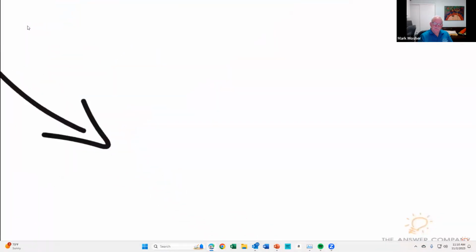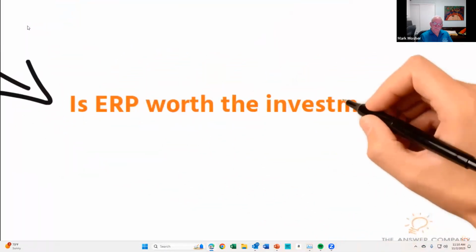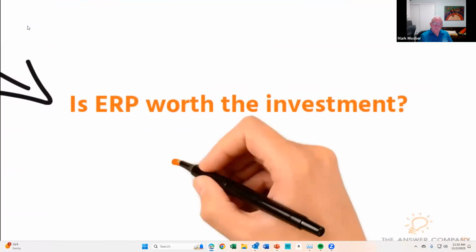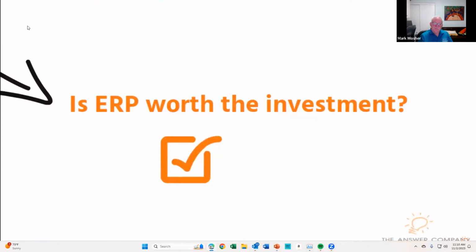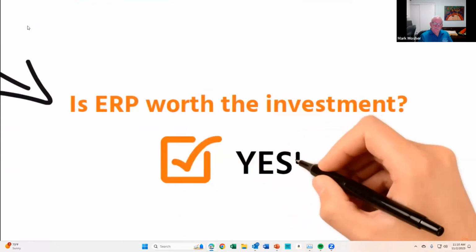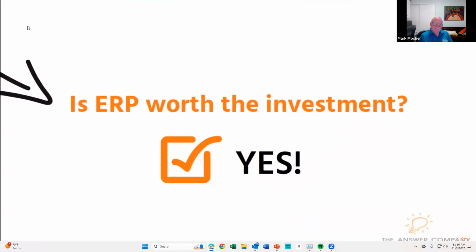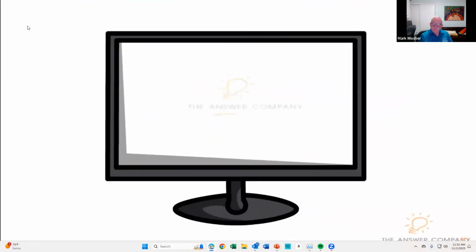Now, is ERP worth the investment? While the term ERP may come into and out of fashion, the broad and robust functionality that modern ERP solutions provide is evergreen. Our answer is yes, ERP software is a worthy investment.